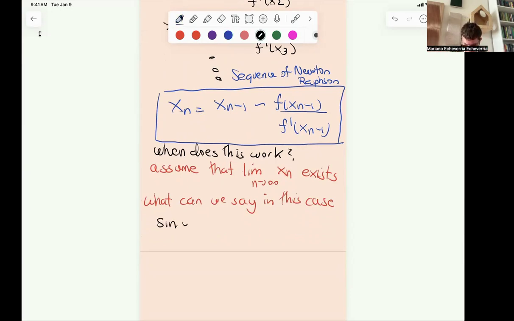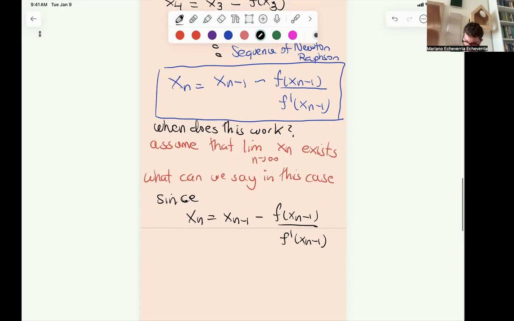So since xn is xn minus 1 minus f of xn minus 1 divided by f prime of xn minus 1, if you take limits on both sides of this equation, then the limit of xn would be the limit of xn minus 1 minus f of xn minus 1 divided by f prime of xn minus 1, right?